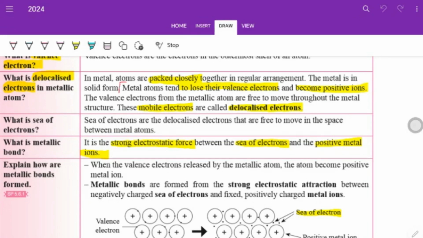Atom P lost the valence electrons, becoming positively charged ions. Then valence electrons from the metallic atoms are free to move throughout the structure. This is called delocalized electrons. Then it can conduct electricity from the negative to positive terminals.